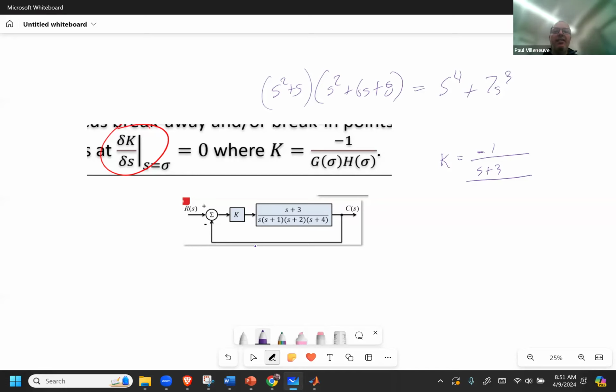And then let's see, I need plus 14S squared plus 8S. Is that correct? Did I have that done correctly? I think I have that done correctly. Anybody have any issues with that?